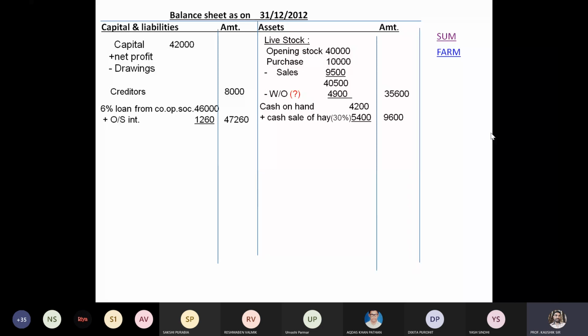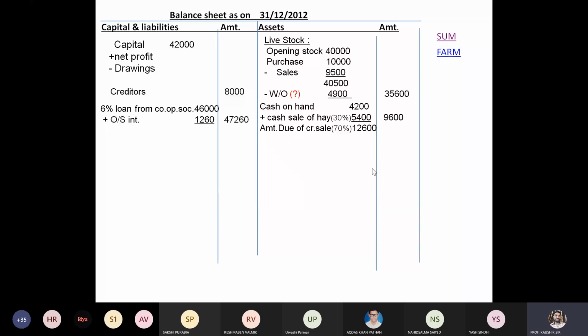Now we will see what about the credit sale. 70% of 18,000. So it is 12,600. According to the adjustments clearly mentioned, 50% of credit sale are to be written off.